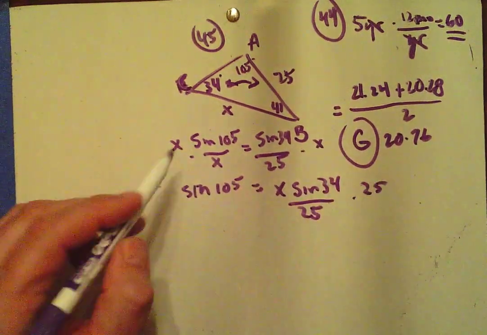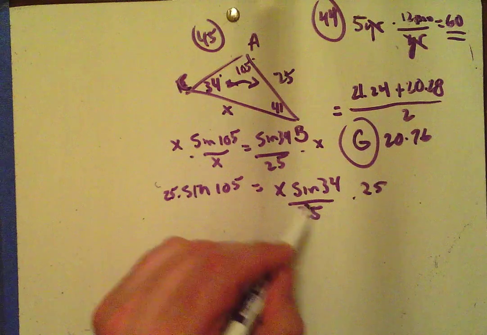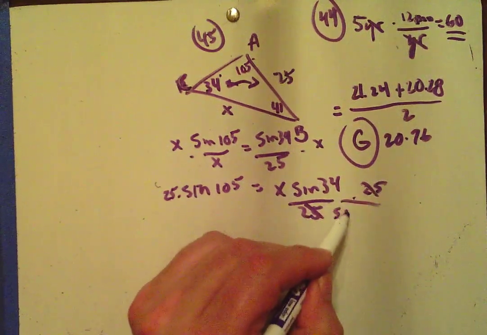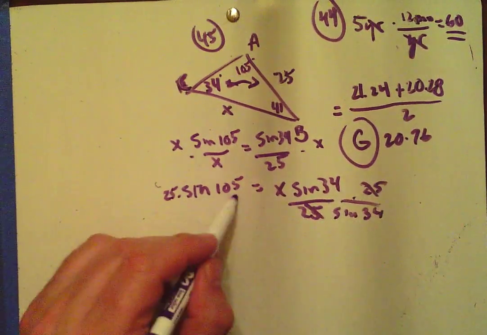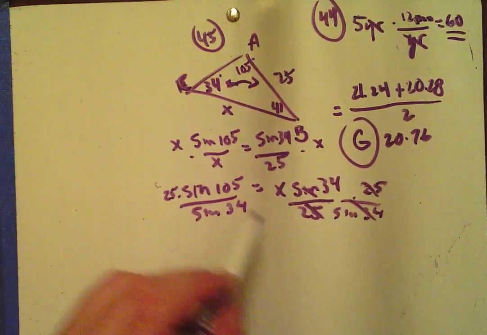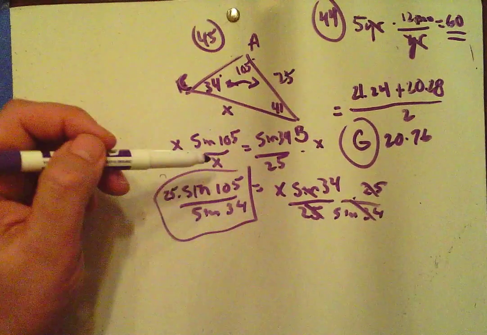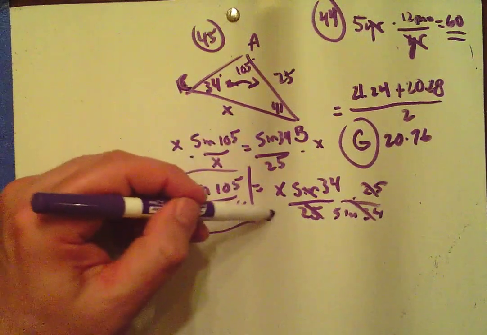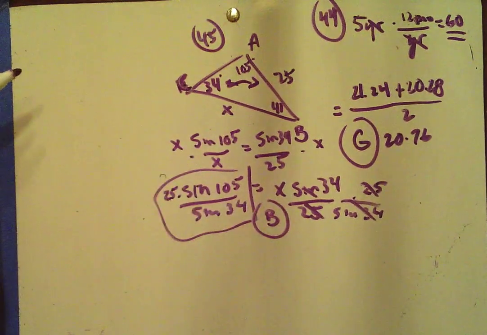Multiply both sides by 25. Divide both sides by sine of 34. And we get x is equal to this. And that's choice B. Choice B for number 45.